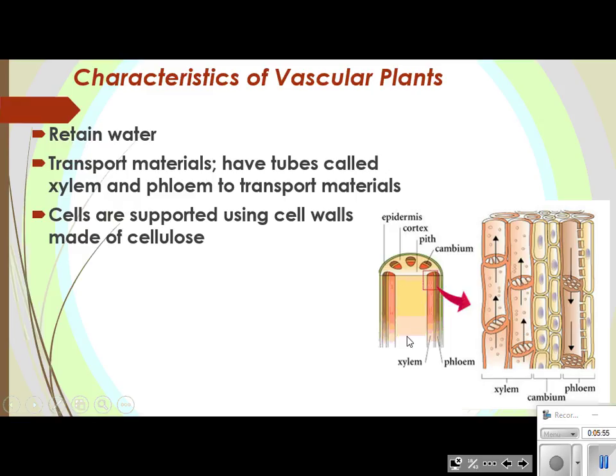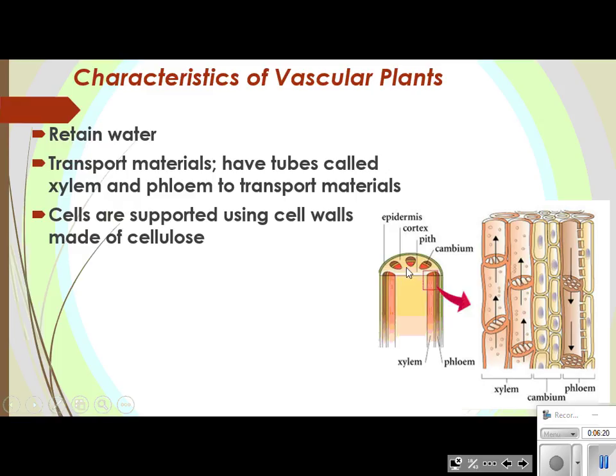Here is the stem. This is what we call a cross section. Imagine if you have a stem and you just take some scissors and cut the flower off right at the stem, and you're looking from the top down at that stem. This is what you would be looking at right here.